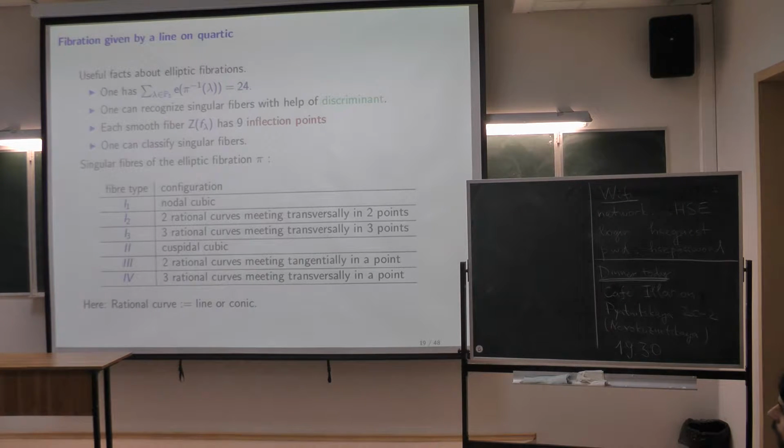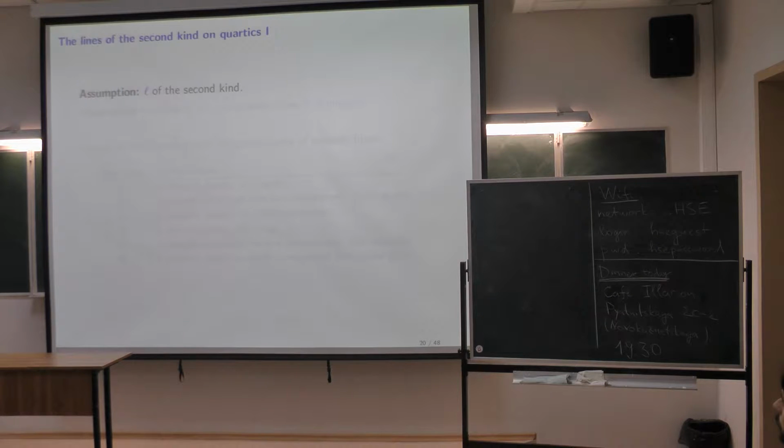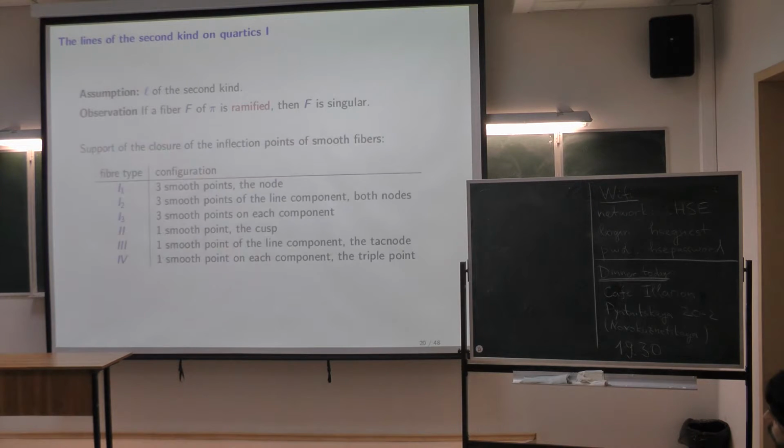I have a nodal cubic, a conic and a line, 3 lines forming a triangle, a cuspidal cubic, a conic and a line that are tangential at one point, and three lines running to one point. Okay? And then I assume lines of the second kind, then I know that if a fiber is ramified, it's singular, and I have this huge machinery of Néron models, which tells me what will happen on the singular fibers.